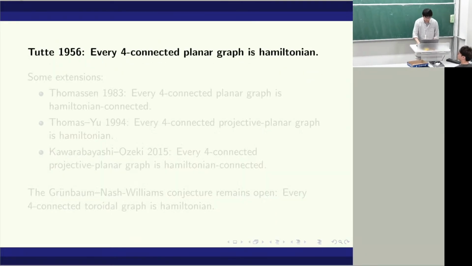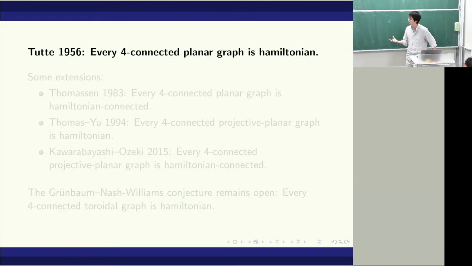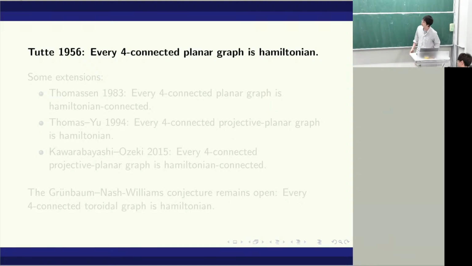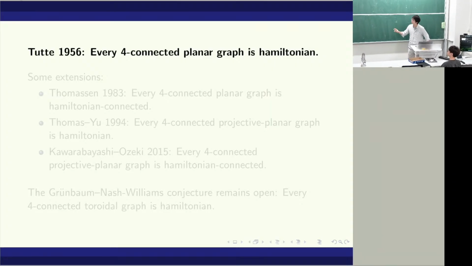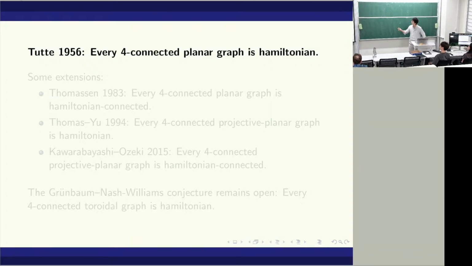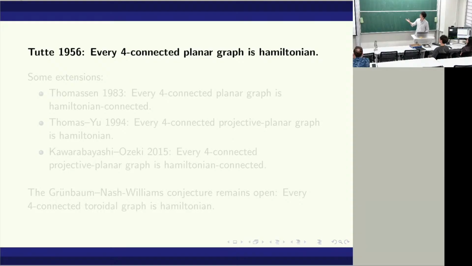So what do we know about Hamiltonian graphs and minors? We have a very classical result by Tutte. It says that every 4-connected planar graph is Hamiltonian. Because planarity can be characterized by minors, this result is basically about minors of non-Hamiltonian graphs.